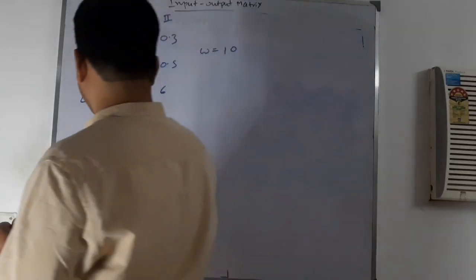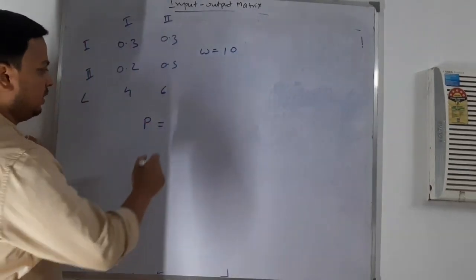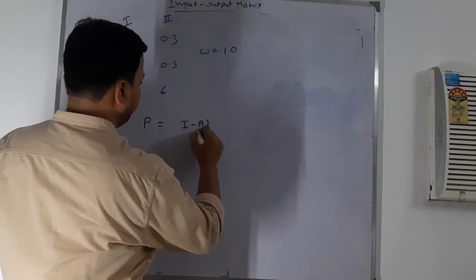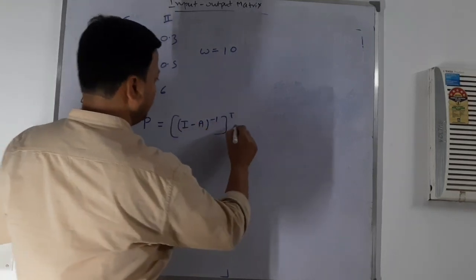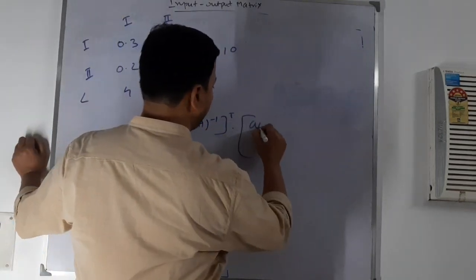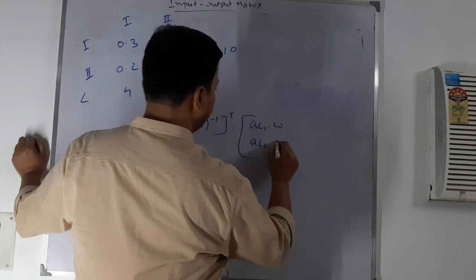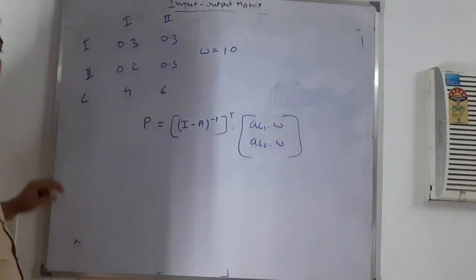So the equilibrium price formula, you should remember, you don't need to derive every time. Price is I minus A inverse transpose into the unit requirement of labor by first industry into wage, unit requirement of labor by second industry into wage. So we can finish with this formula.